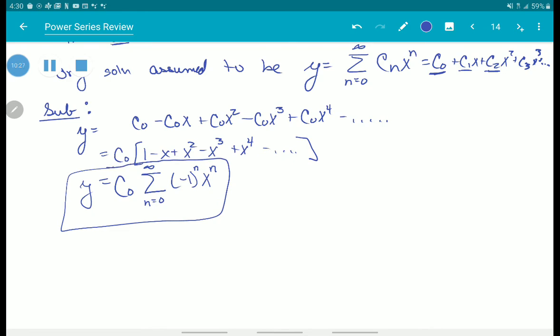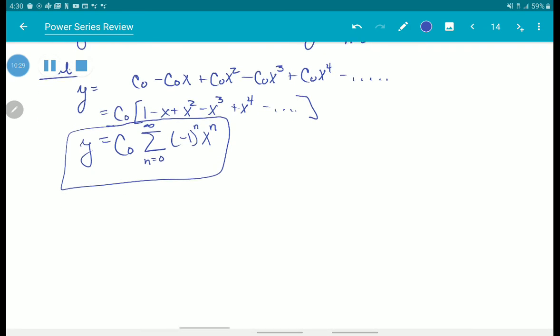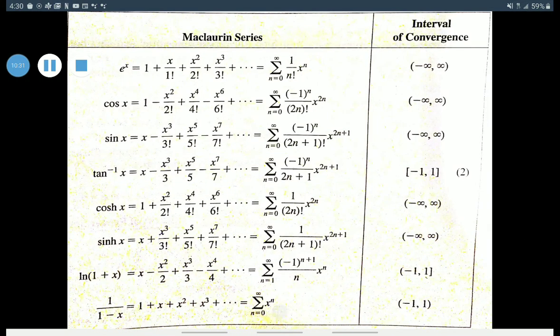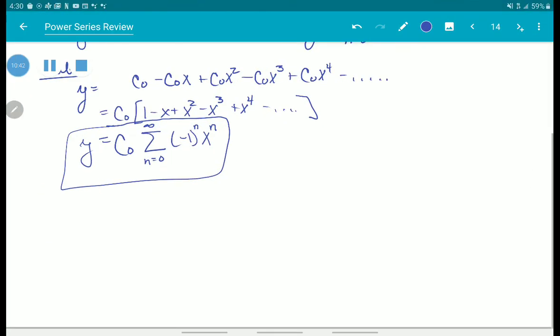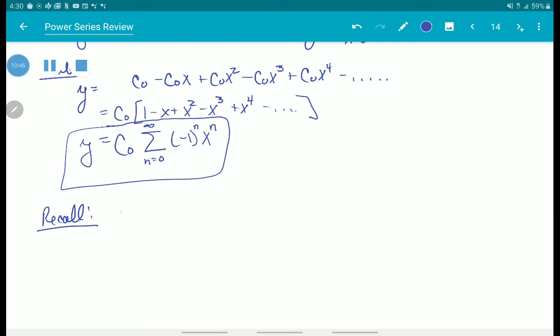Now if we compare that to something that we know, going back to our sheet over here, we have a sum that could be written for 1 over 1 minus x. That was going from 0 to infinity of x to the n.